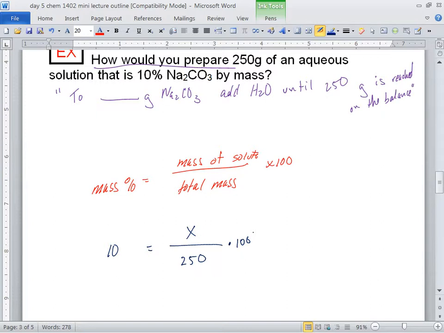Okay. How are you going to solve for the X? Tell me what you'd plug in your calculator. One big step, what you'd do. What would you plug in first? Plug in the 100 on both sides, or would you multiply 250 on each side?